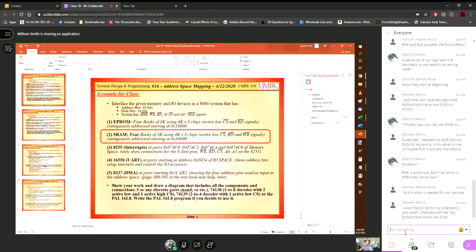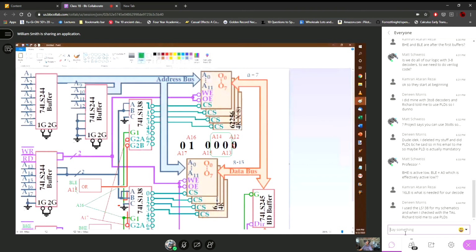So 0x1 with 4 zeros after it. And if it's 18, 4 zeros. Okay, 4 zeros after it, not 3. Apologies for keep saying 1000. I kind of do that for myself mentally, and it's not all that clear. But the bottom 3 sets of zeros, 3 hexadecimal zeros, are going to get you from A0 through A11.